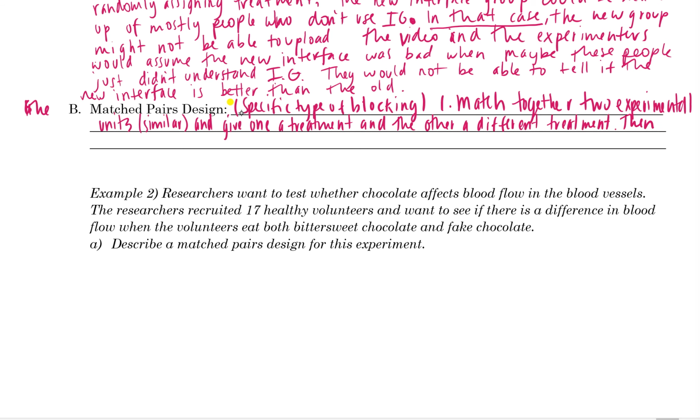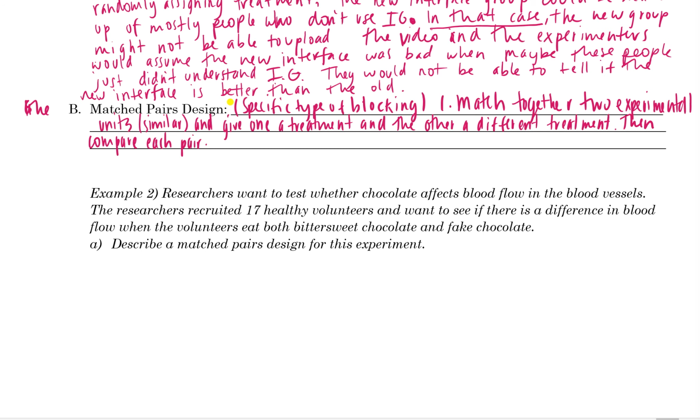Then I would compare each pair. So I would give one person in the pair one treatment, one person in the other pair another treatment, and then within that pair I would compare them.